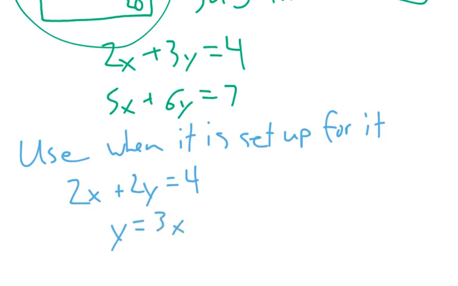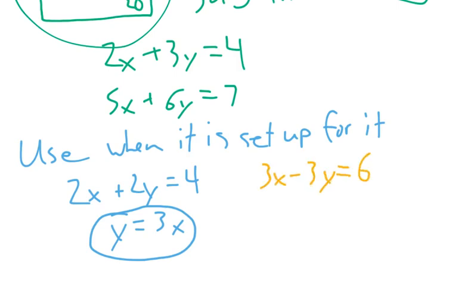This system is set up for substitution because you already have this one equation that is solved for one variable. And hypothetically, let's say 3x minus 3y is equal to 6, and then we had x is equal to negative 5y.